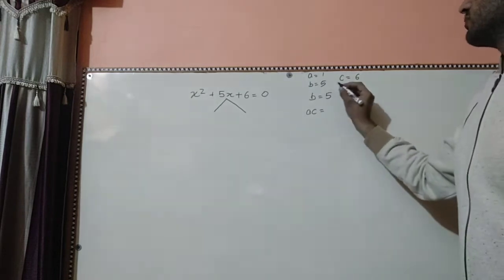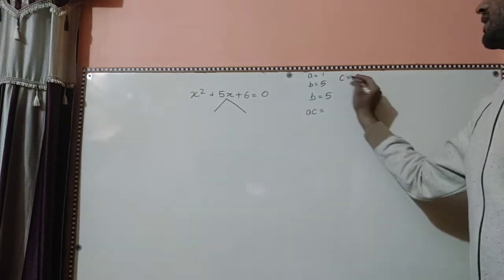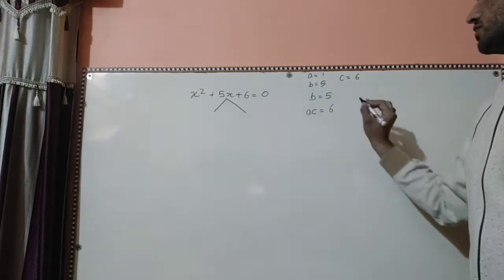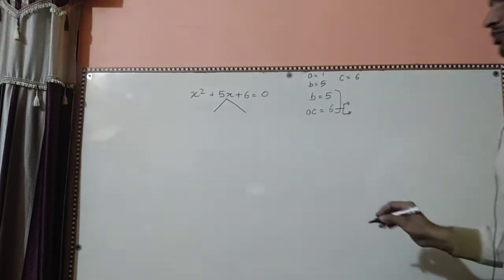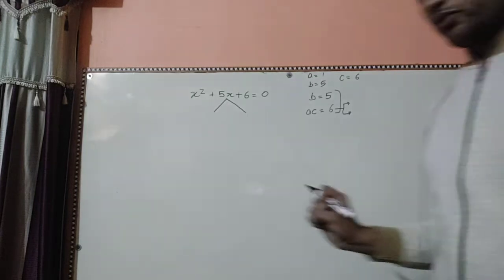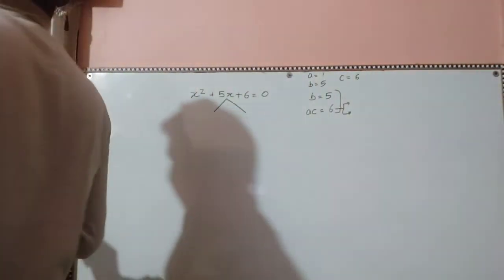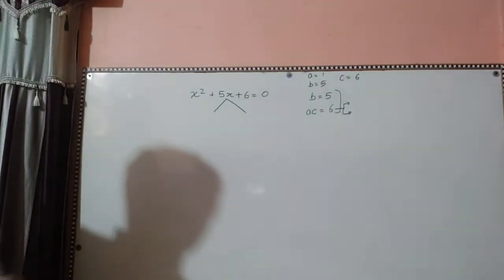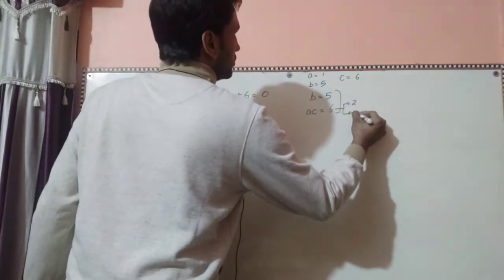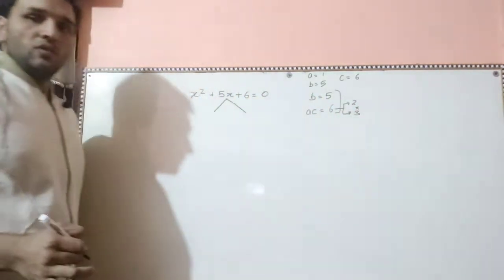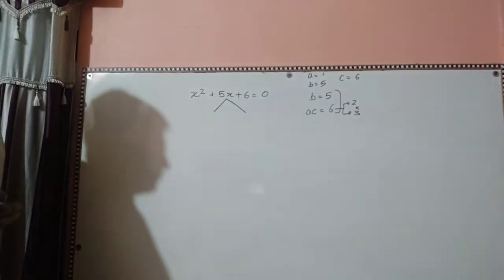Now, when we multiply A by C, we get 6 for this case. Now, we have to split 6 into two parts, that means we have to factorize 6 into two parts such that their sum may be 5. In this case, 6 can be written as 2 into 3. When we add 2 and 3, we get 5.